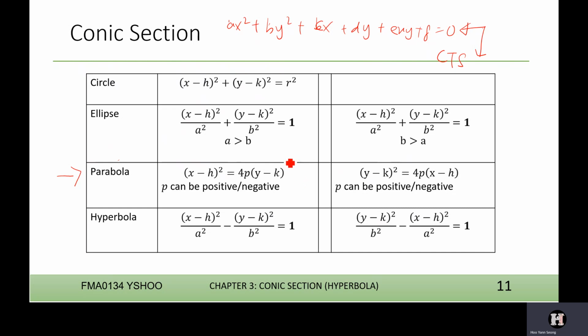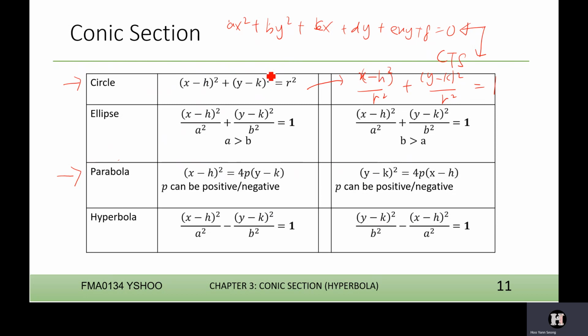Then the second one, a special one, is the circle. The circle is the one without denominators, but if you want to force it to have denominators, you can: x minus h squared over r squared plus y minus k squared over r squared equals 1.